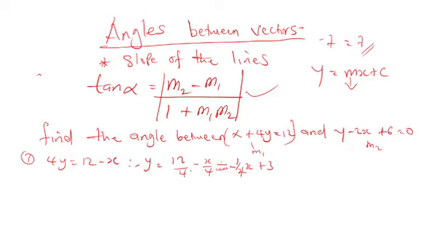Because minus 1 over 4 x is the same thing as minus x over 4. I just put it aside to take this format so that I know that our slope is m. Whatever thing that is attached to x is our slope. So we now have this plus 3. 12 divided by 4 is 3. So that makes our m1 to be equal to minus 1 over 4.